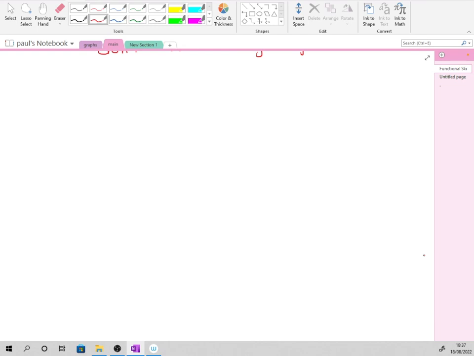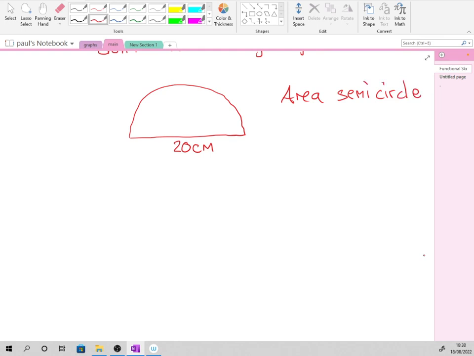Now, this is always a good one to do, and a hard one to draw. 20 centimeters. Now, what's the area of this? And this is a semicircle. Okay, a semicircle.